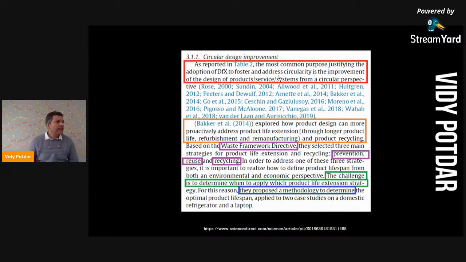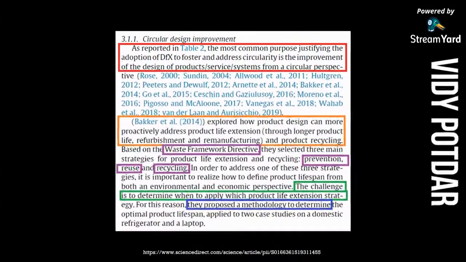Here I want to show how they have written the synthesis. As reported in table 2, the common purpose justifying the adoption. This table 2 is about the purpose for adoption of DFX, and you can see these many references are referring to this table or this section. If you look at an individual one, Baker et al. explored how product design can more proactively address product life extension and product recycling.